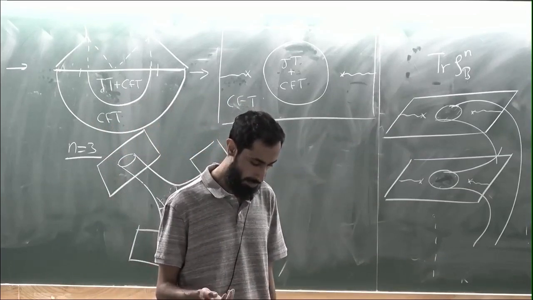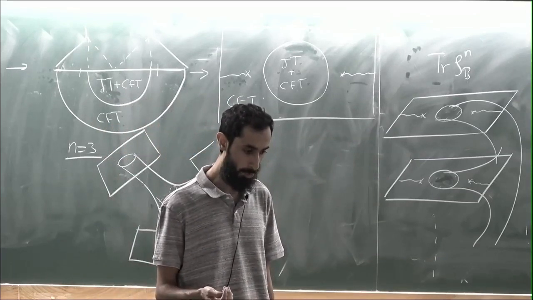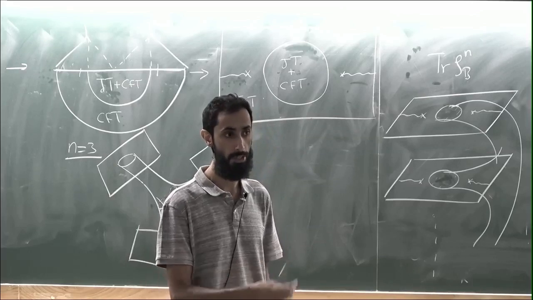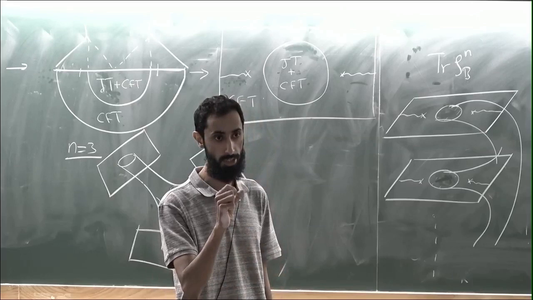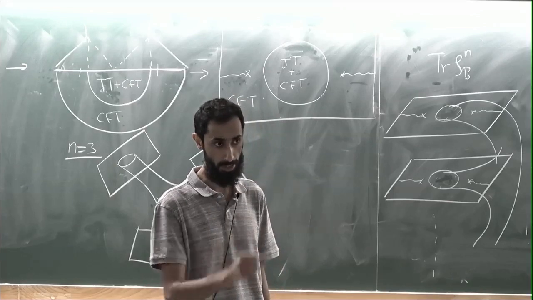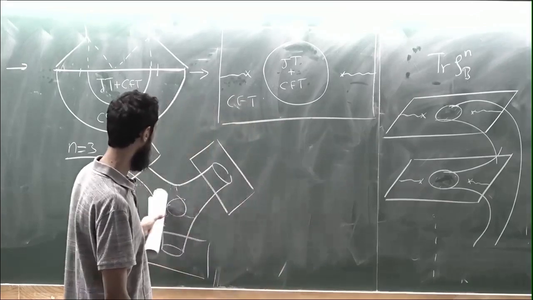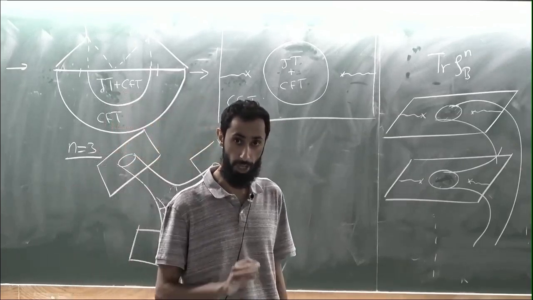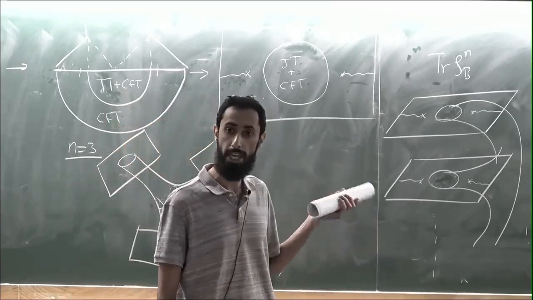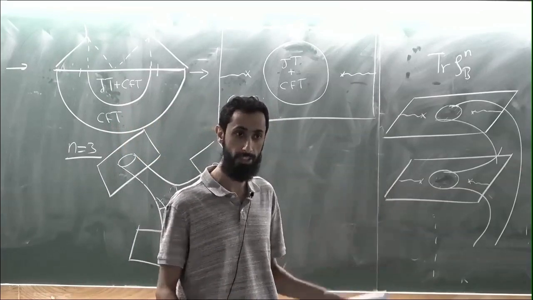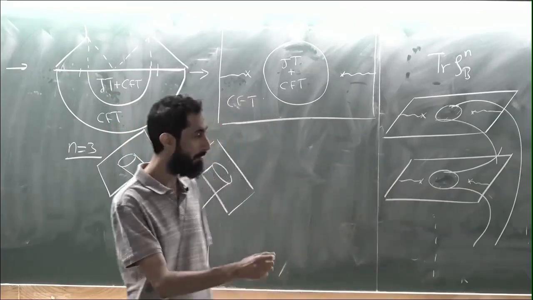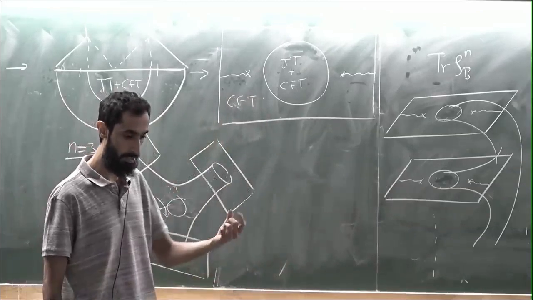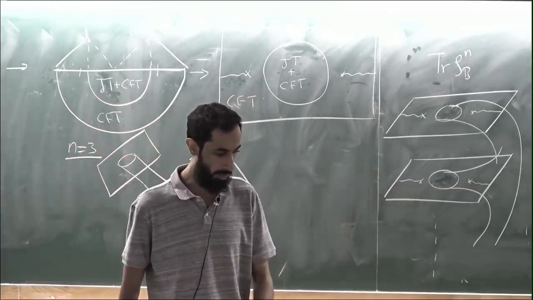And there they had to include contributions from wormholes where they had to integrate over the modulus, which is the size of the circumference of the wormhole, the size of the width of the throat, because it was not a saddle, right? They could not find a saddle. But here we have a saddle. The CFT stress tensor supports the size of the throat, and you find a saddle point.